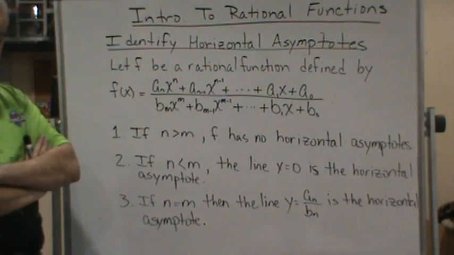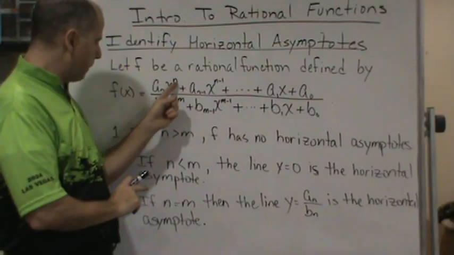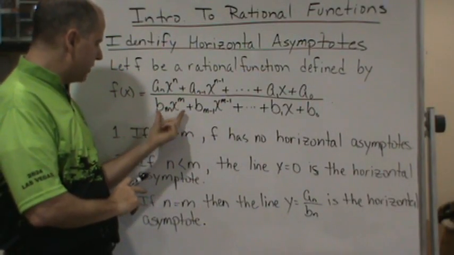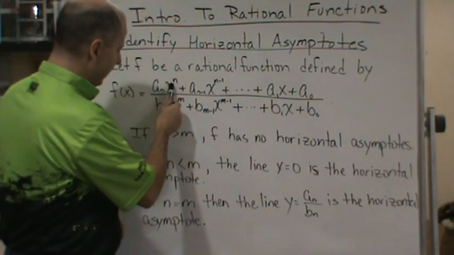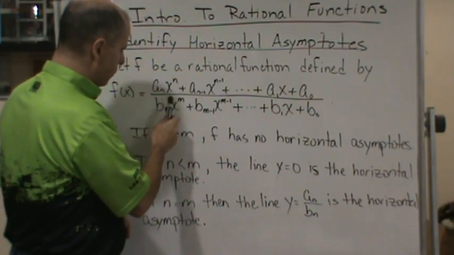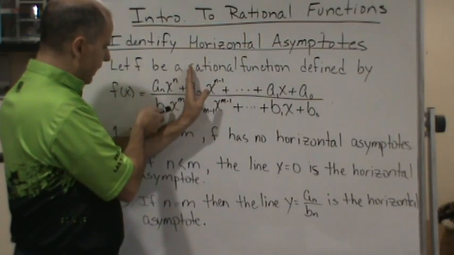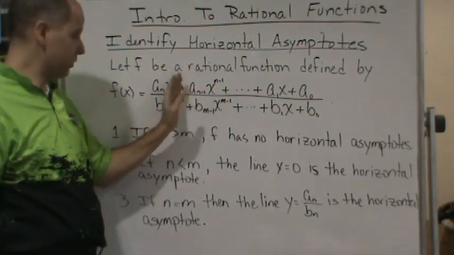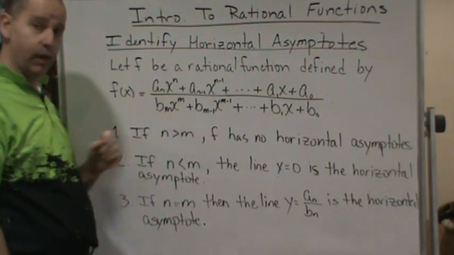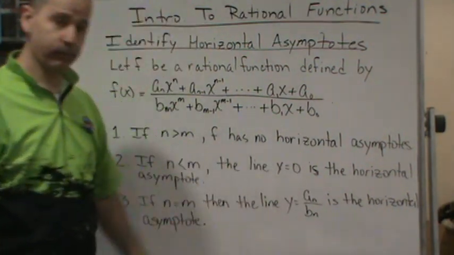What if they're the same? Well, again, if we look at the leading terms, if the exponents are the same, then these are growing at the same rate. And, by the way, the x's cancel out, right? So if we just look at everything else, look at this, x to the n and x to the m, if the exponents are the same, they drop out and you're left with the ratio of the leading coefficients, which is exactly what we have here, okay?